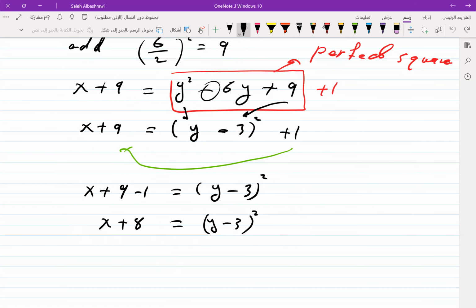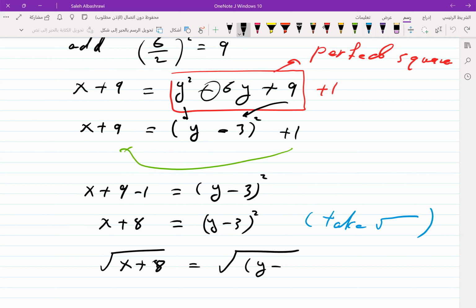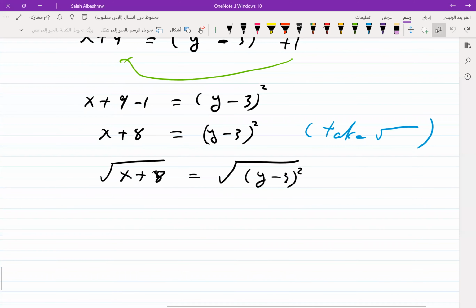Now I'm going to take the square root of both sides. I will have the square root of x plus 8 equals the square root of y minus 3 squared.